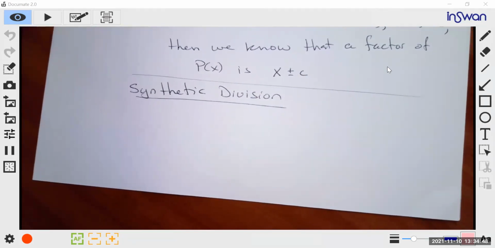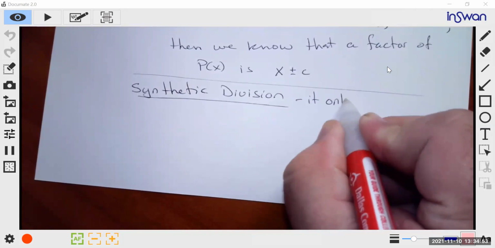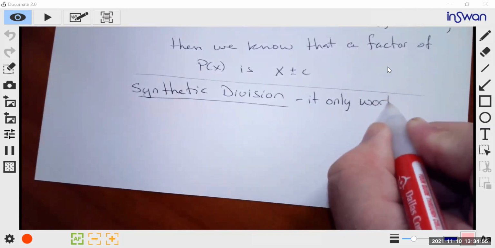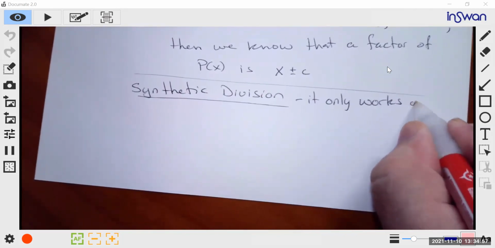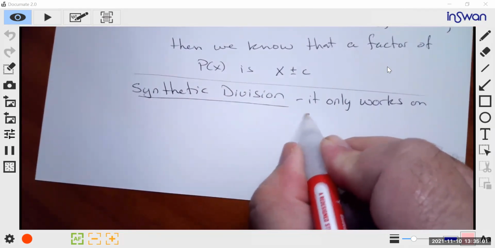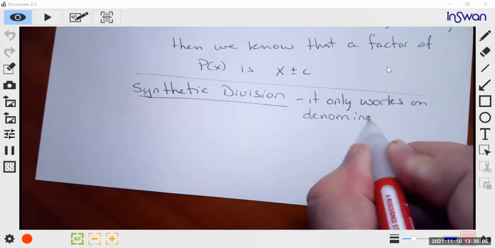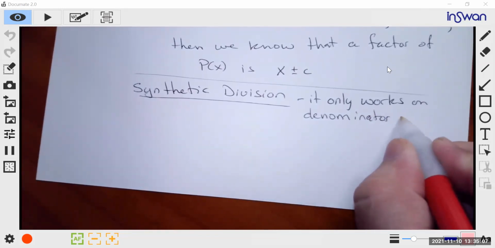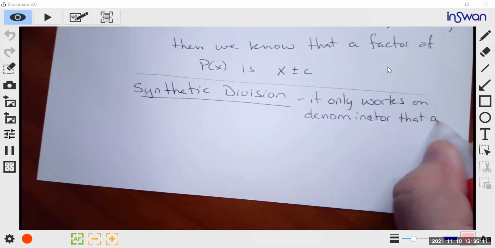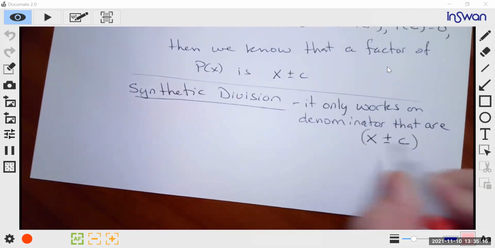This way is a lot faster, but it only works on denominators that are of the form x plus or minus c.